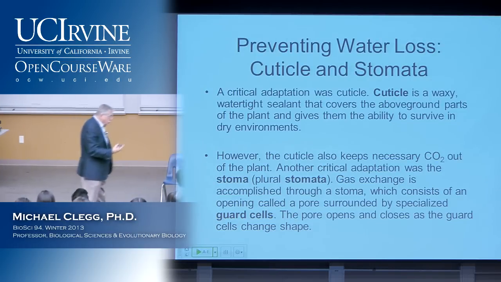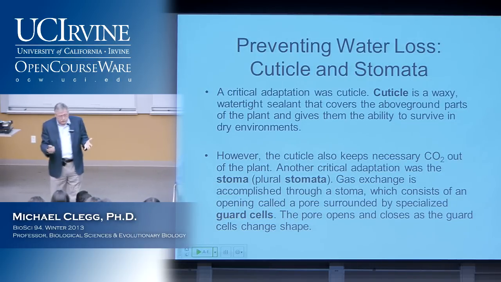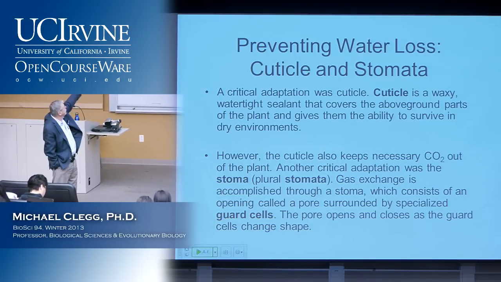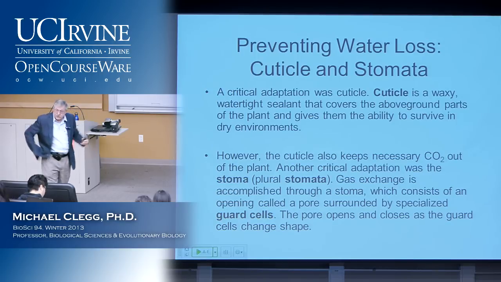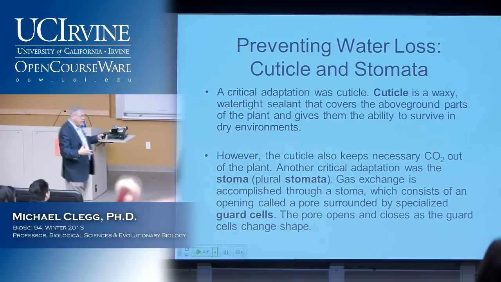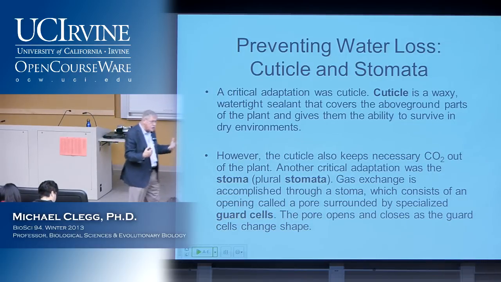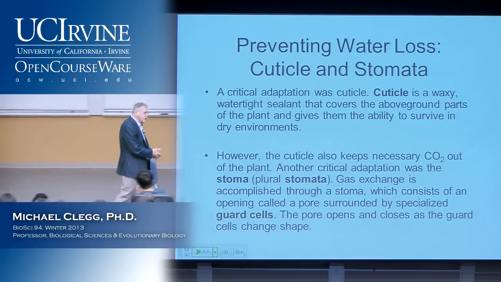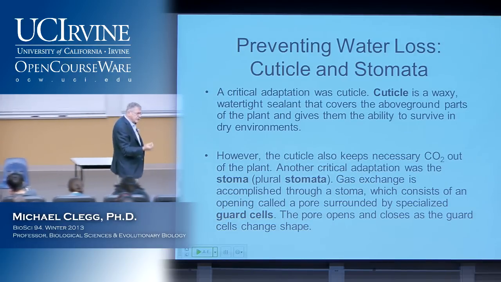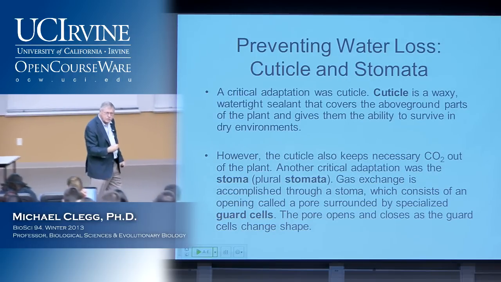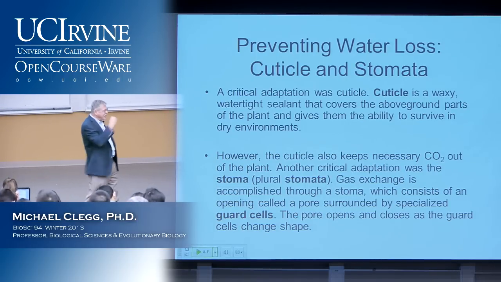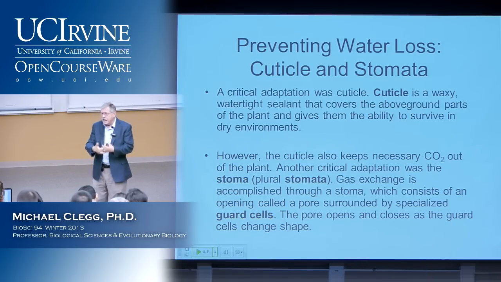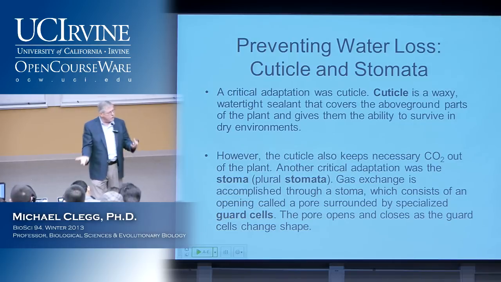And so in terms of preventing the loss of water, the evolution of the cuticle was critical. It's absolutely critical. This is a waxy, watertight sealant that covers above ground parts of plants and gives them the ability to survive in dry environments. But there's a problem with this. Because it's an effective sealant, it inhibits gas exchange. Okay? If it inhibits gas exchange, how are you going to get your carbon dioxide in to carry out metabolism? So you've got a problem. You've solved one problem and created another.